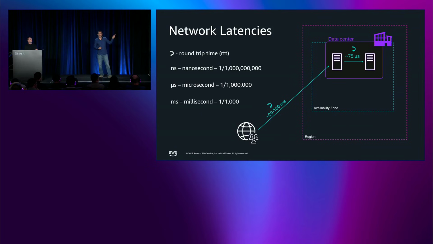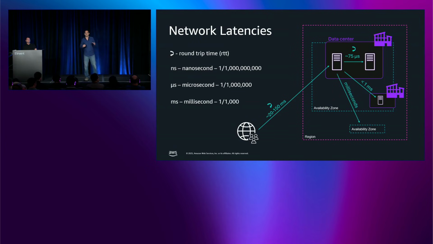Now, when we go from one data center to another on the same AZ, we can expect latencies of up to 1 millisecond. In case you're not familiar with this, AZs usually have one or more data centers. They're not just a single data center. And these data centers can be miles and miles apart. So latency is slightly higher. And when you go over to another AZ, those data centers are even farther apart, right?